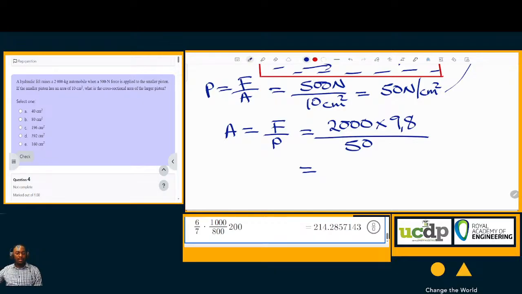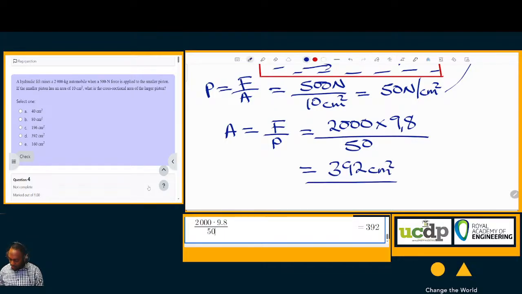Punching that in, 2000 multiplied by 9.8 divided by 50, we get a very large value as expected, 392 square centimeters. So this will be the area of the larger piston.